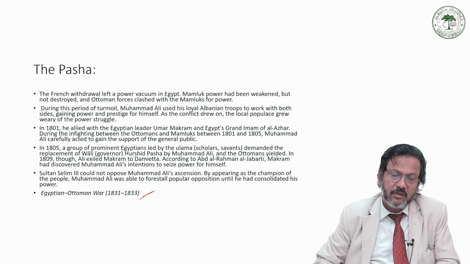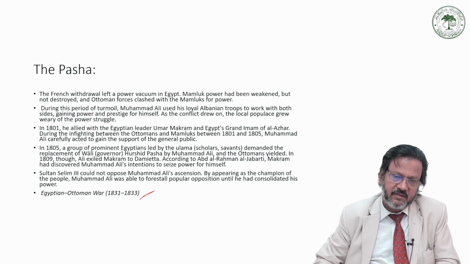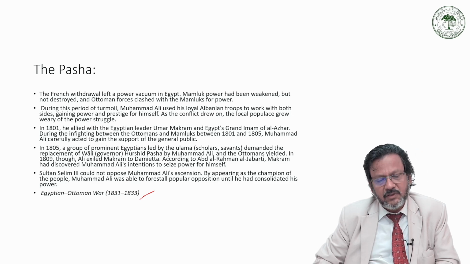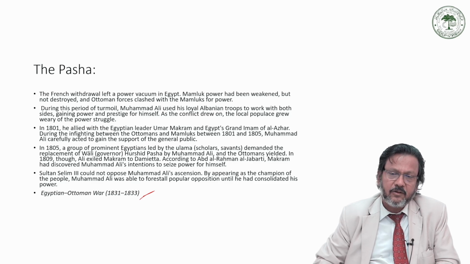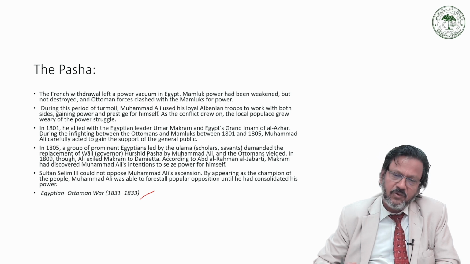But the Ottomans saw it wise not to extend the series of wars, because they had their own troubles, far greater troubles with the colonial designs, with the colonial expeditions in the backdrop of the First World War. So they simply ignored the Egyptian episode.